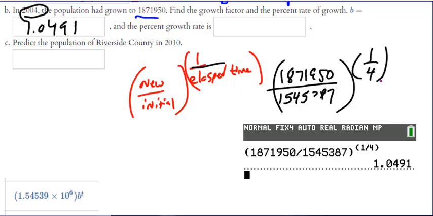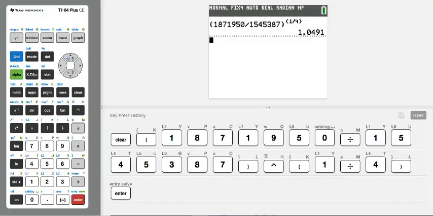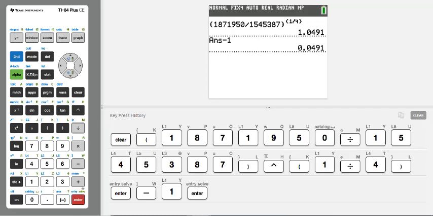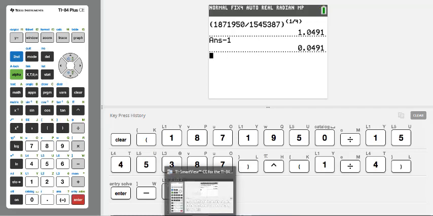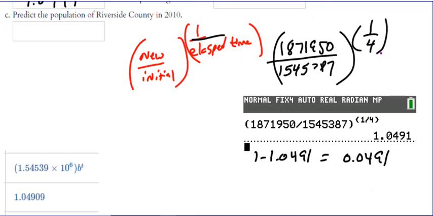Now, if I take that and just go minus 1, I get 0.0491.